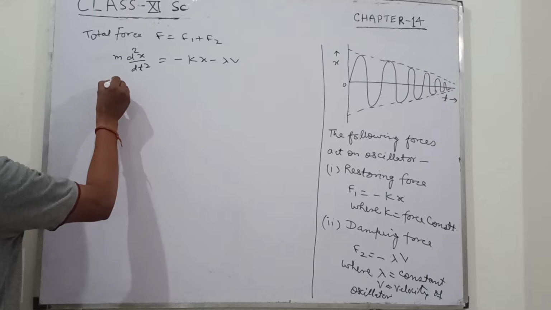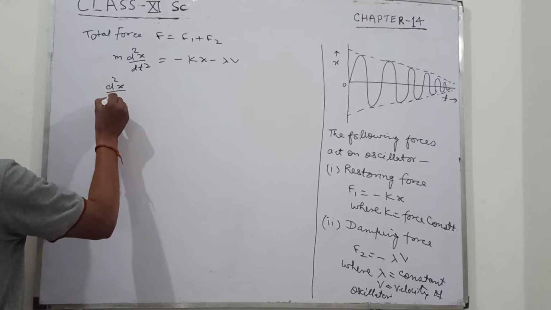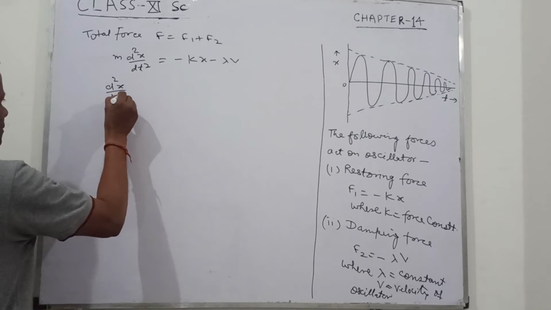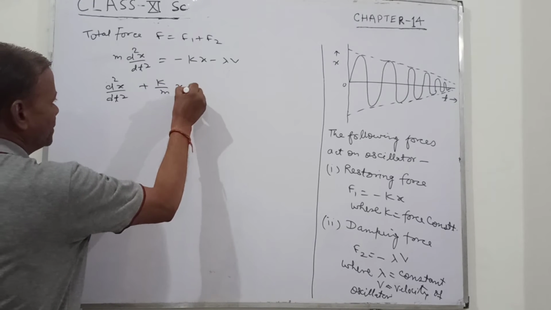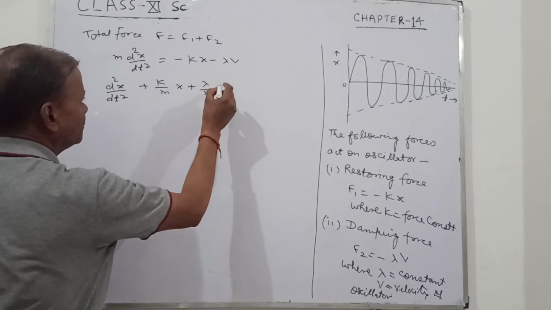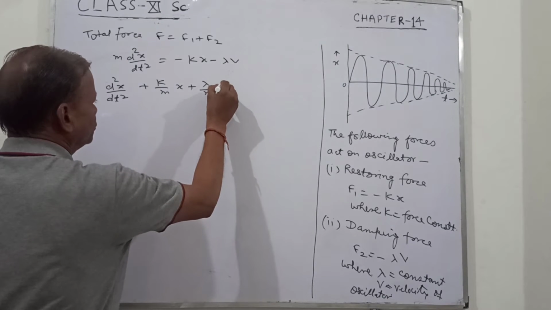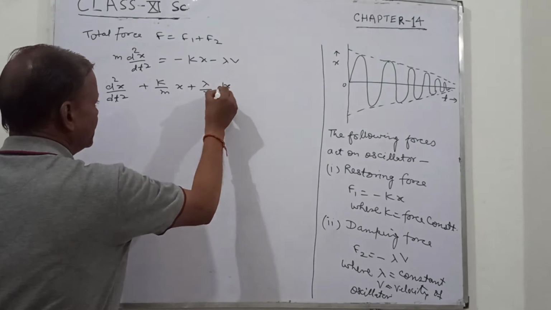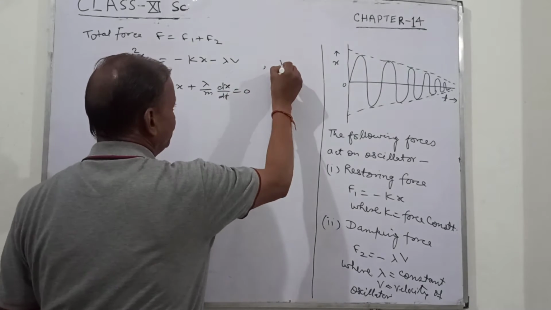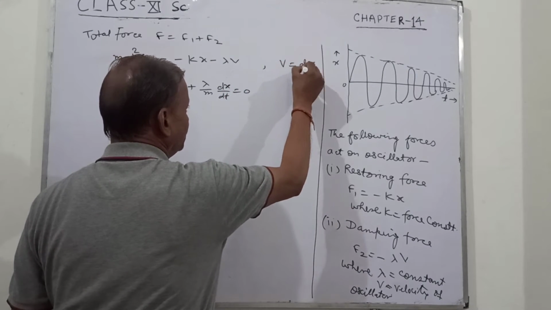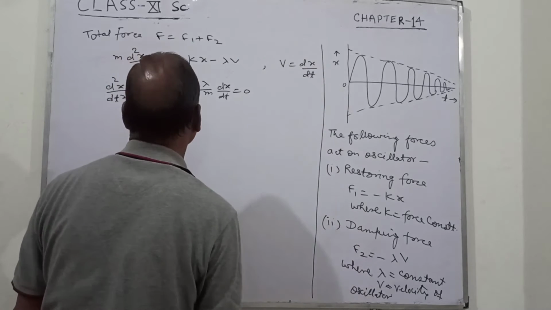Or we can write it d2x upon dt square plus k upon m into x plus lambda upon m into dx upon dt equal to 0. Here the v is equal to dx upon dt.